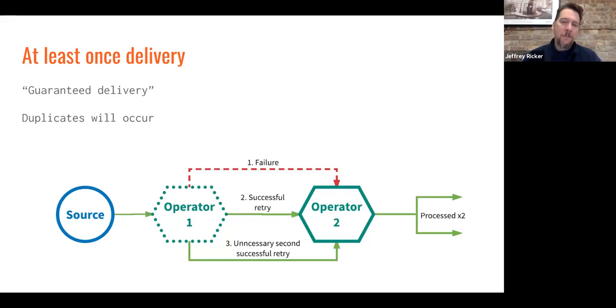Another common example of how an operator would use at least once delivery is if the operator was going along and then it crashed, and you're not really certain exactly when it crashed. So a lot of times they'll bookmark what they've sent out. Every 20 messages, they'll bookmark, I sent out, I was at this point, right?